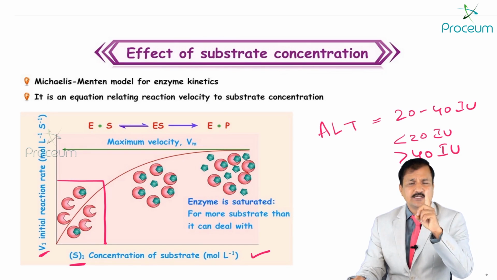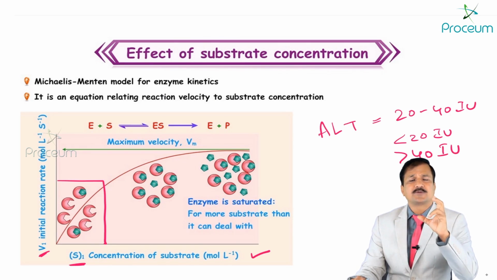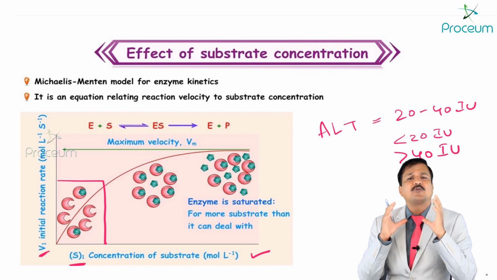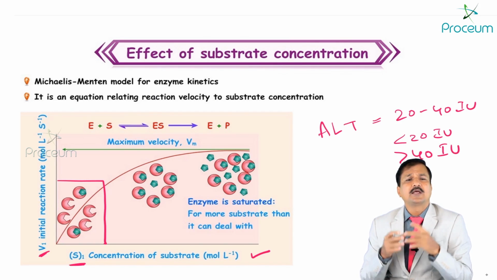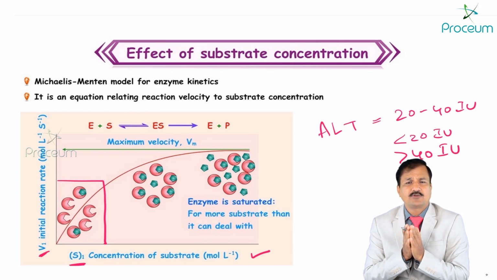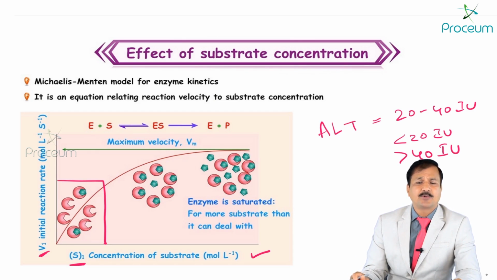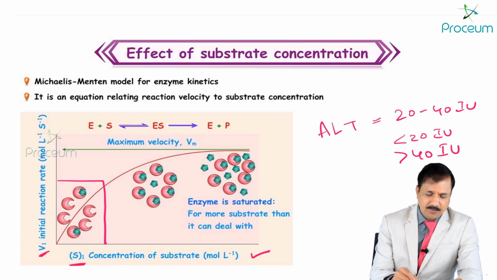Every enzyme has at least 1 active site, and the substrates are only 2, so they have plenty of active sites to go and bind. So substrate will bind, product will form, and there will be a slow initial rise in the product formation, and the rise in the product formation is proportional to the substrate concentration here.